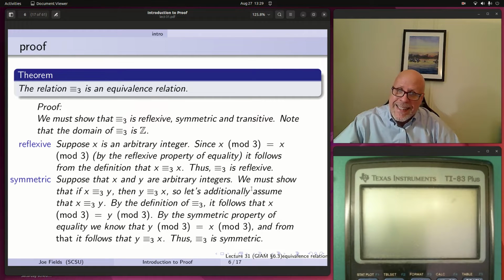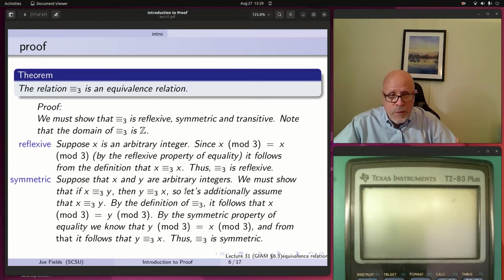You can think of each of these bullets as a little mini proof inside of the big proof. So I've got a we need to show sentence inside of here. We need to show that if x is equivalent mod 3 to y, then y is equivalent mod 3 to x.